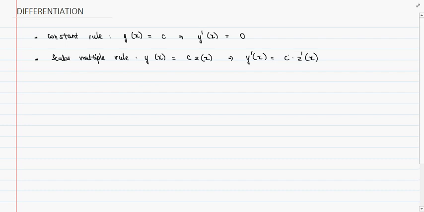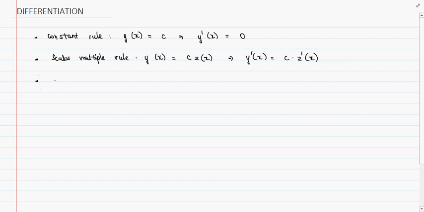Basically, the rule says that whatever constant is in front of the function is going to stay there, and you just differentiate the function of x.